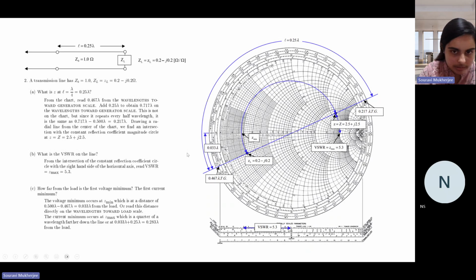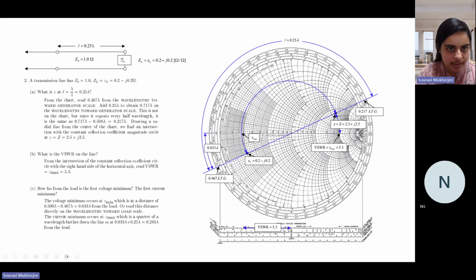This corresponds to your distance D. Whatever the WTG is doing is representing D, the distance from the load, in terms of lambda. So you are here, you have to go here, you find the difference, and that gives you the distance from the load where you get the first voltage minimum.